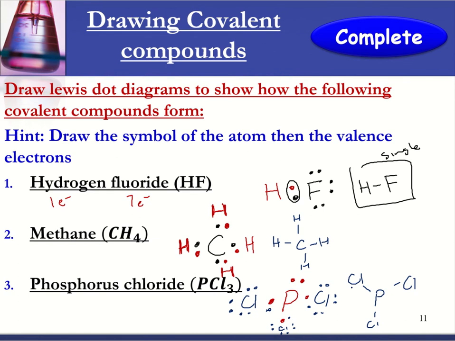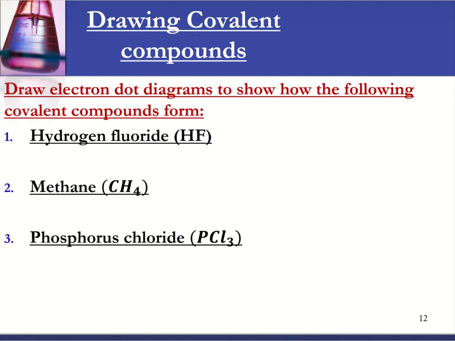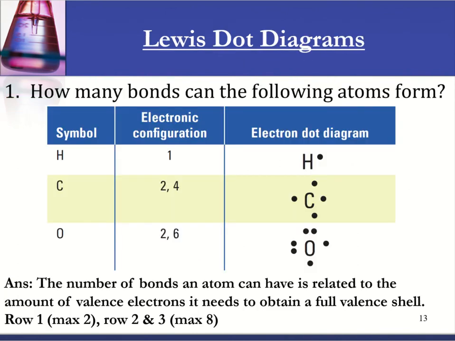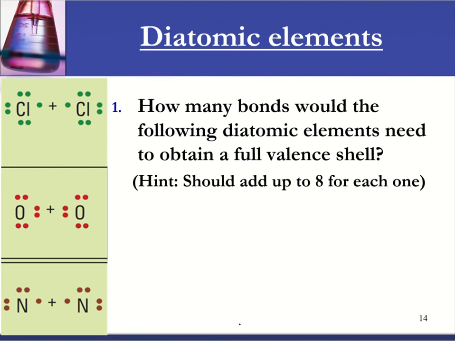Under what scenario could we get double bonds or triple bonds? Okay, let's have a look. Now let's use the case of nitrogen here. Nitrogen has 5 valence electrons. Let's have a look. So nitrogen, we have 1, 2, 3, 4, 5.